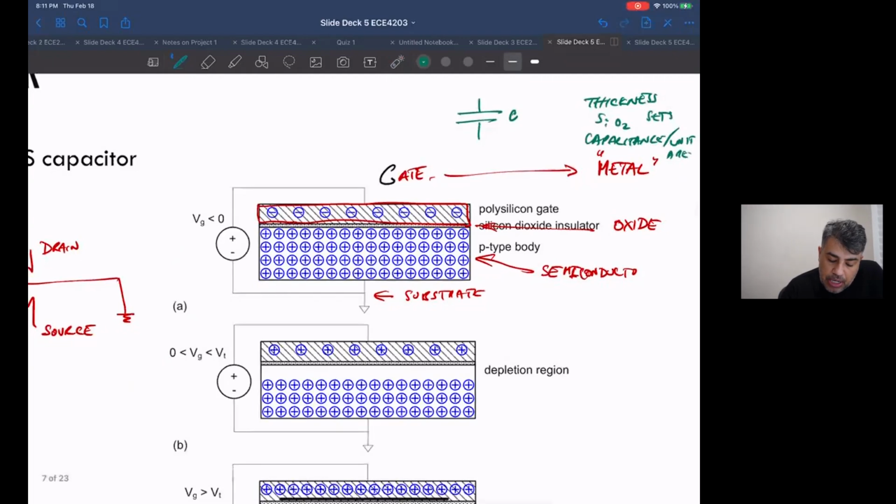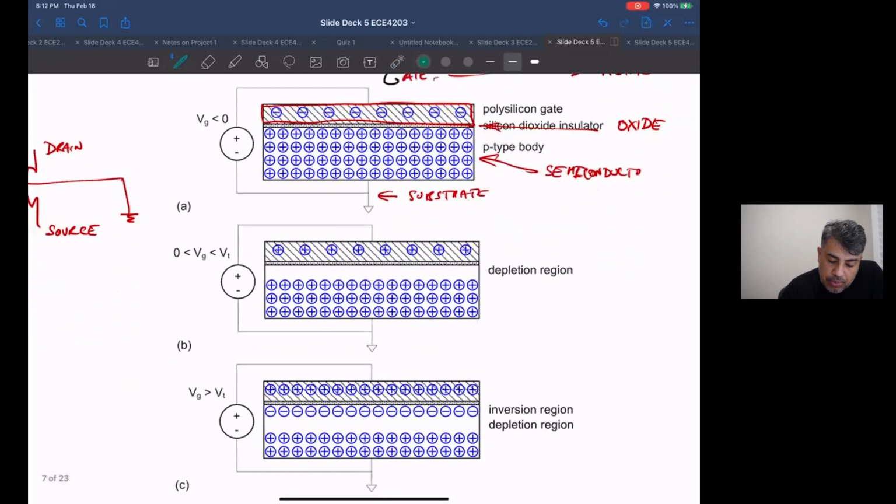Now, what happens if I go the other way? What if I start putting positive voltage on this gate? If I put positive here, this area was full of positive free carriers, free to move around. Positive repels positive. So if I start putting positive voltage or positive charges on the gate, they are going to repel these positive carriers away from under the gate.